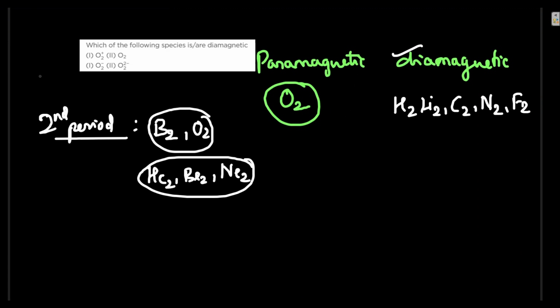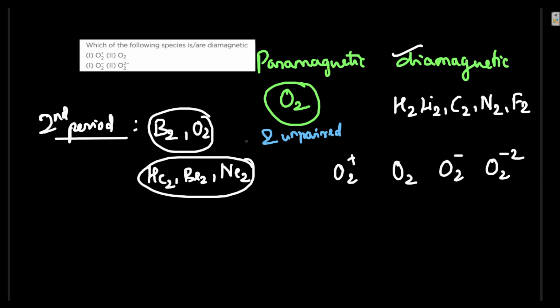Okay, but he has asked in the given options O2 plus, O2, O2 minus, O2 2 minus. Remember, for oxygen we have two unpaired electrons. Paramagnetic behavior is due to unpaired electrons. If there are no unpaired electrons, then they are called diamagnetic. So oxygen has two unpaired.